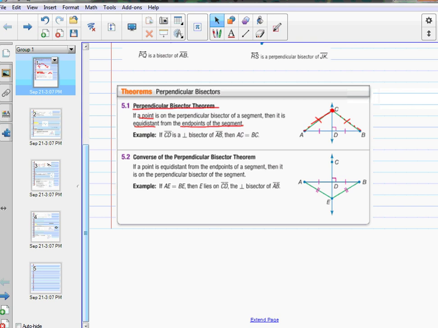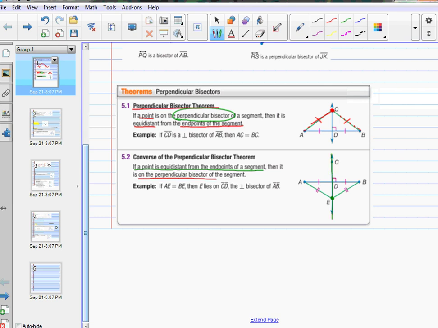And then we take the converse. We reverse it. Now before we reverse it, let's make sure we get the order. First, we say we have to be on a perpendicular bisector. Then we know the point is equidistant from the endpoints. So if I reverse it, I say if a point is equidistant from the endpoints of a segment, so here is a point E, it happens to be the same distance from the endpoint, then according to this theorem, it must be on the perpendicular bisector.